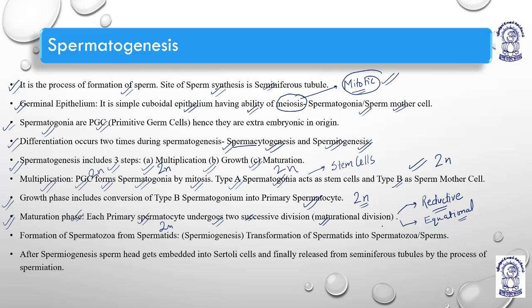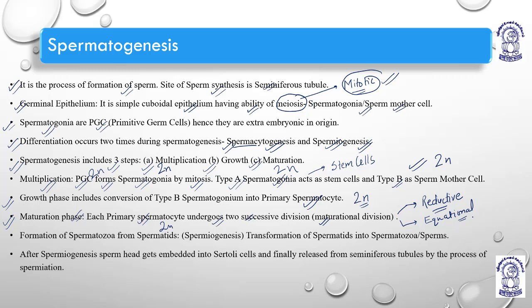So during the maturation phase, my dear students, you have to remember that each primary spermatocyte, which is 2n, undergoes two successive maturational divisions, reductive and equational. In the reductive division, the chromosome number becomes half.